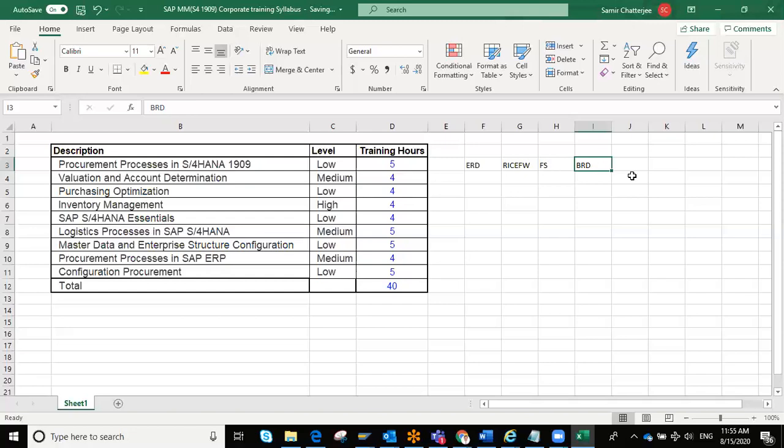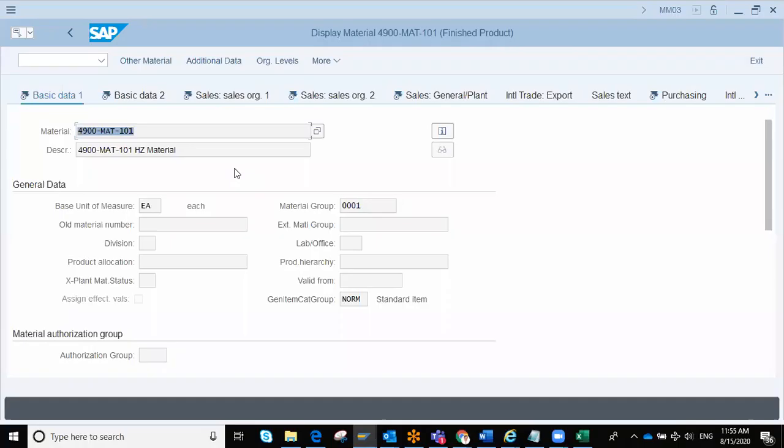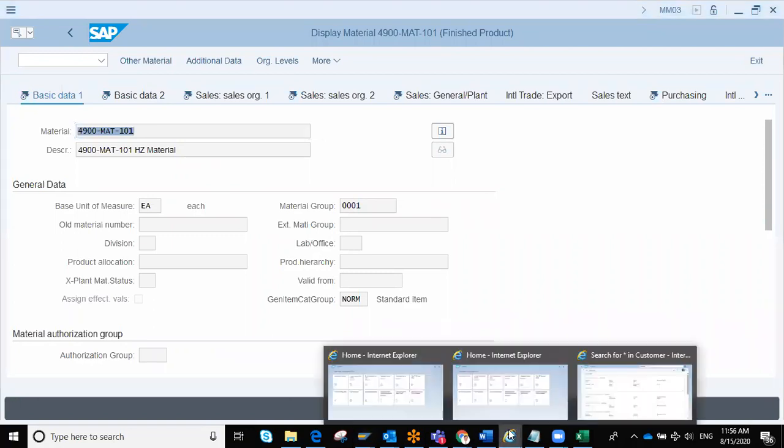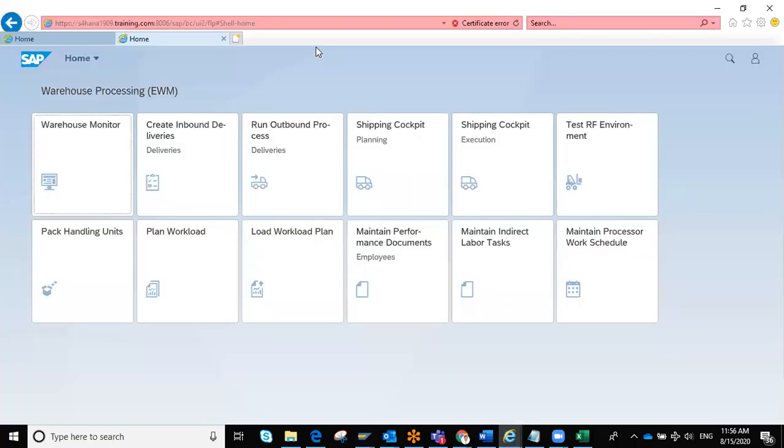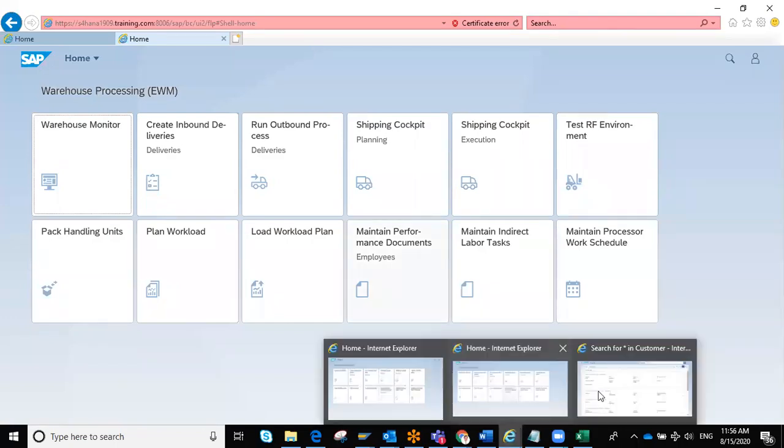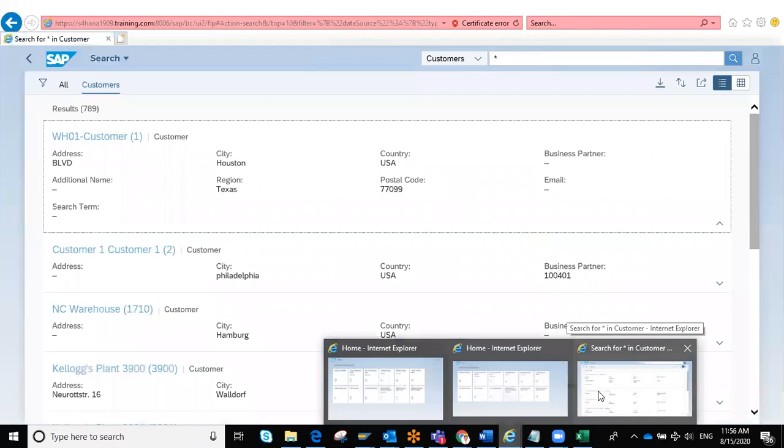We shall provide you the server access also, for S/4HANA 1909. It will be available with a specific user ID and password, along with the Fiori app. We will discuss after some time.